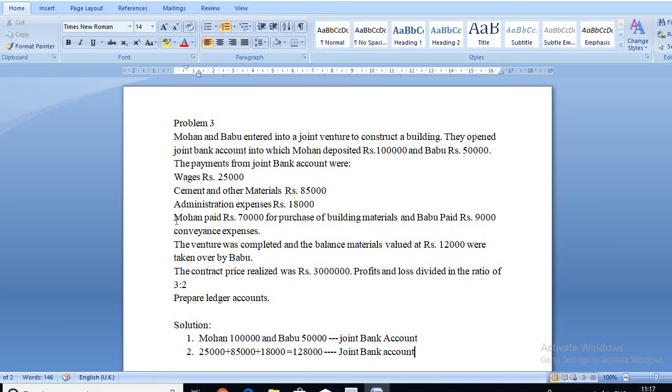Now come to the third transaction. Mohan paid 70,000 for the purchase of building material. These expenses were paid by Mr. Mohan.